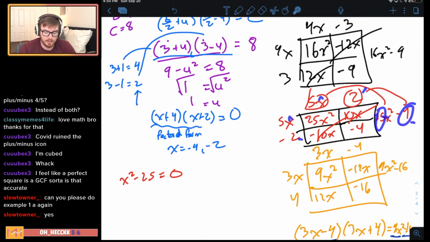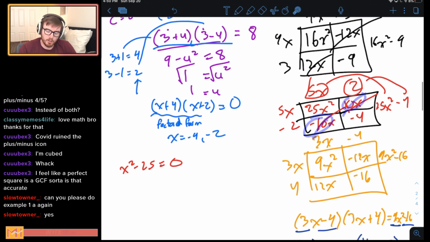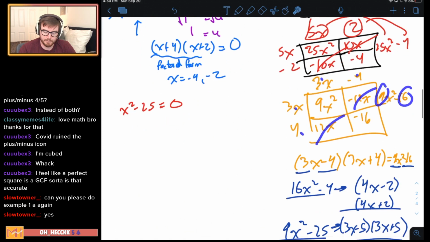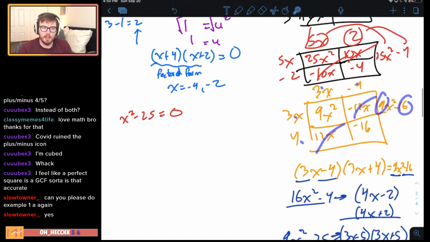Perfect squares. And the middle term canceled because 5x plus 2, 5x minus 2. The plus and the minus force these two things to cancel out. 3x minus 4, 3x plus 4. I end up with my perfect squares because 3 times 3 and 4 times 4, and the middle terms are canceling out. So when you have a plus and a minus, it always results in no middle term.